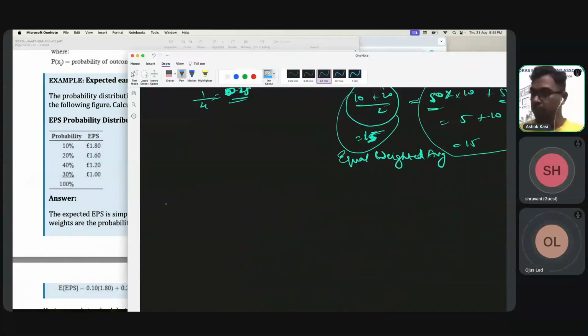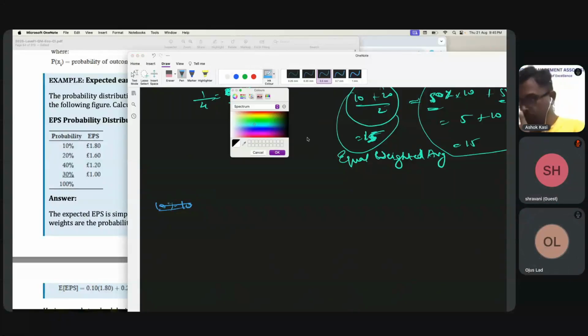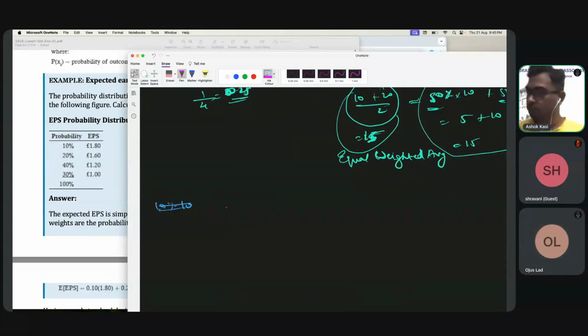So I will take that weight. 10% of 1.8 plus 20% of 1.6 plus 40% of 1.2 plus 30% of 1.